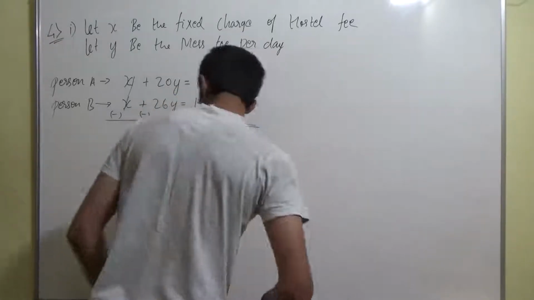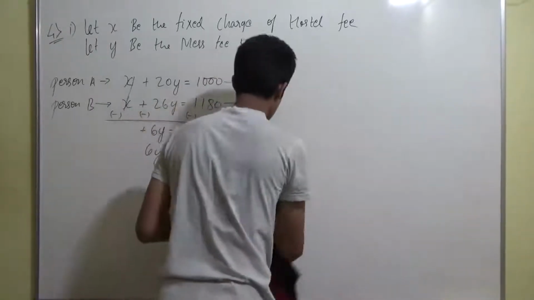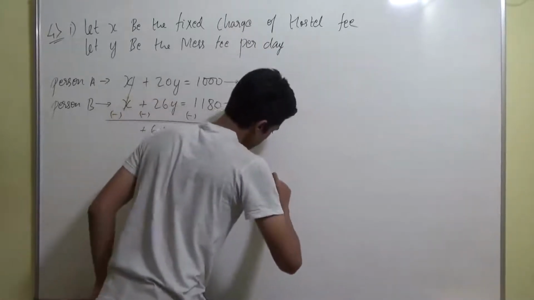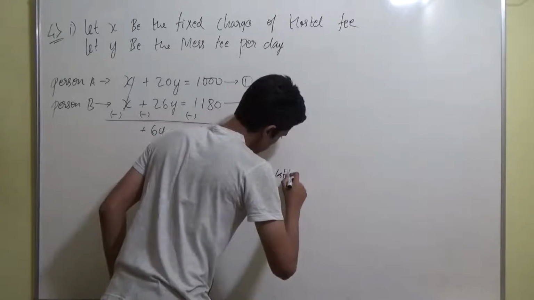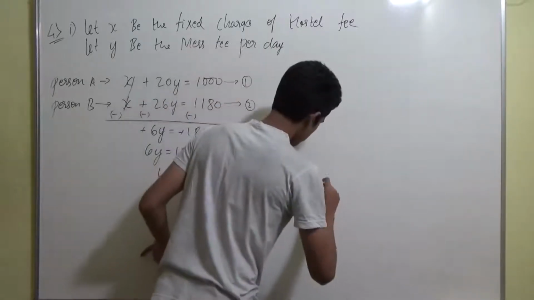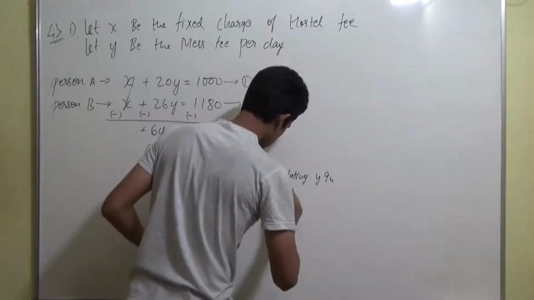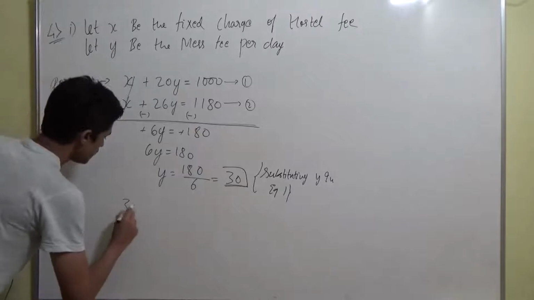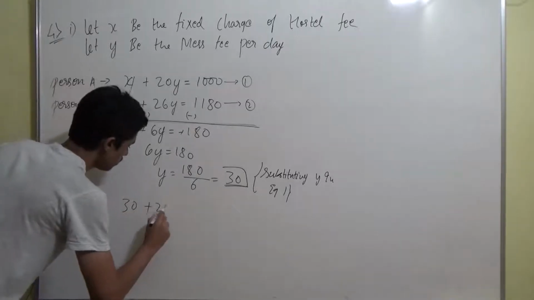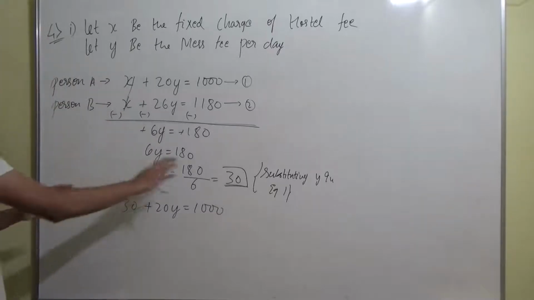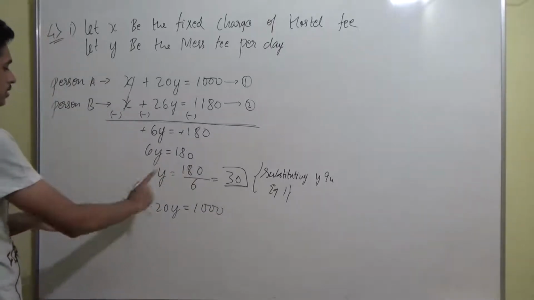Substituting y in equation 1. Now if I substitute, it becomes 30 plus 20y equal to 1000. Right, now let's take the 30 to the other side.